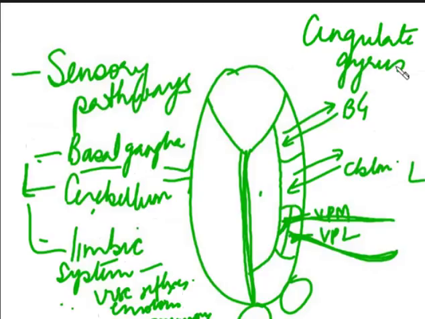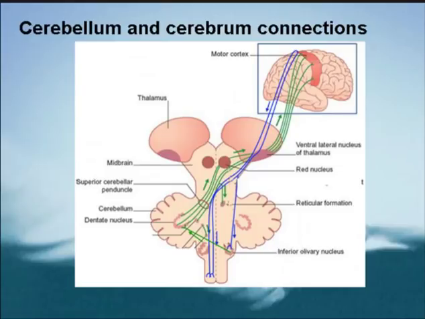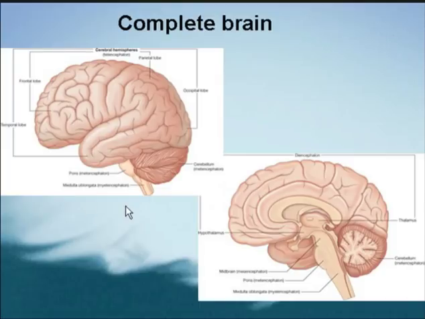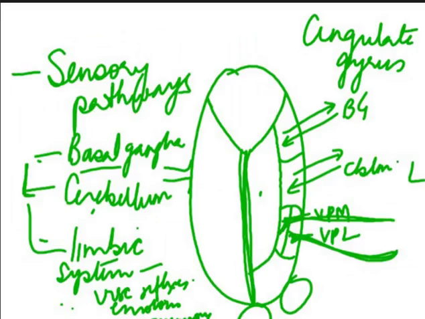And to show that to you, if you look here, this part here is the cingulate gyrus, and that is connected to the limbic system. So the thalamus has extensive connections to the limbic system, and those connections are through these nuclei.